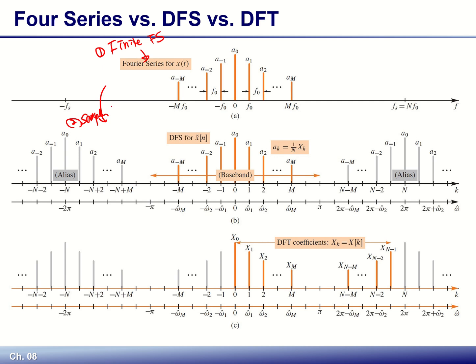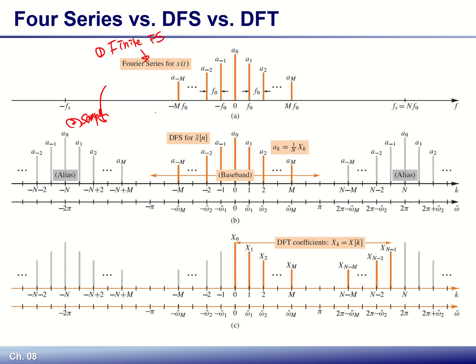Sampling in the time domain means periodic in the frequency domain. When you sample in the frequency domain, then the time domain will be periodic.